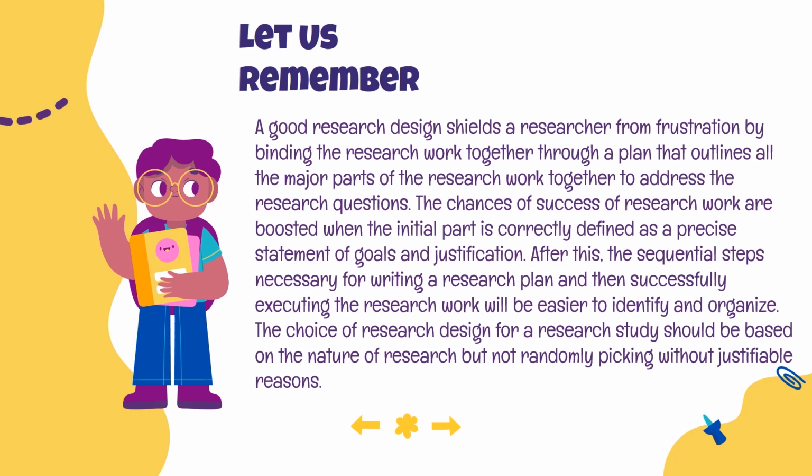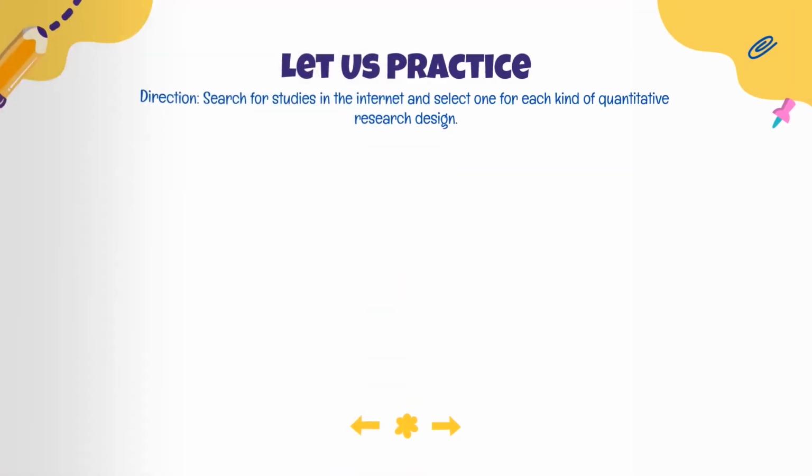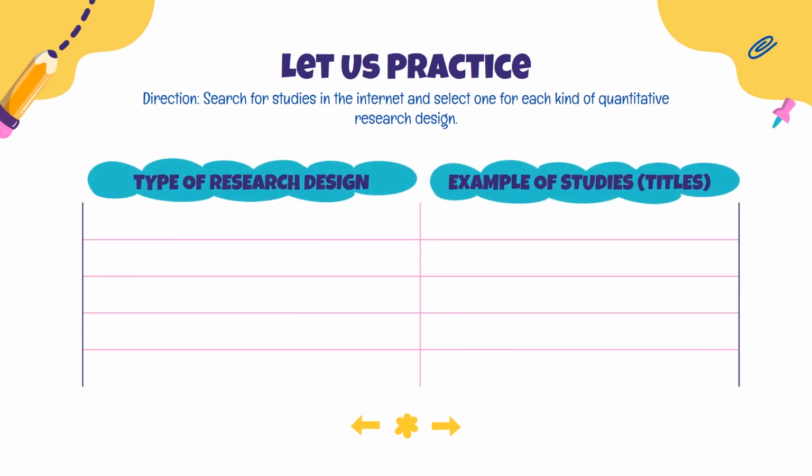Now, let us enhance your knowledge about research design by answering the following activities. Let us practice. Direction. Search for studies in the internet and select one for each kind of quantitative research design. Fill up the table below.